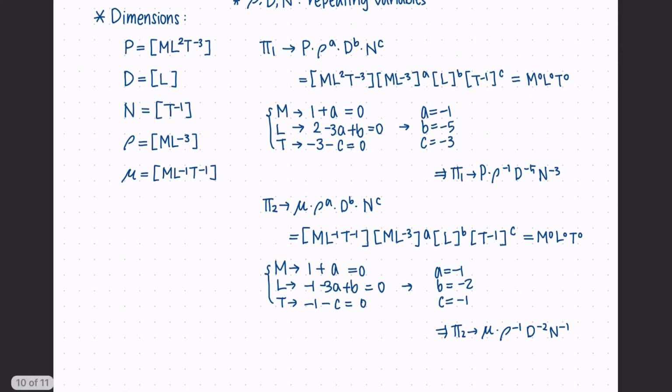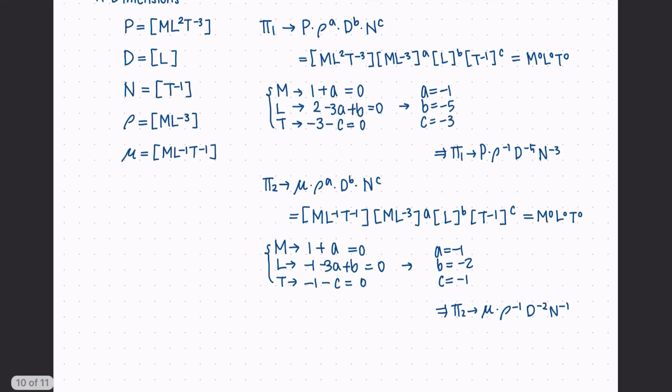We will do the same thing for the second pi group. For the second pi group, we will multiply the repeating variables with viscosity. Again, the multiplication of dimensions should be dimensionless, so M to the 0 times L to the 0 times T to the 0. I did exactly the same thing for this part.